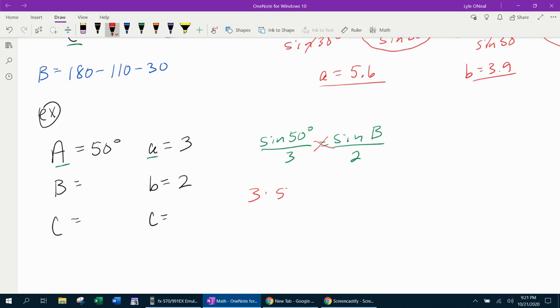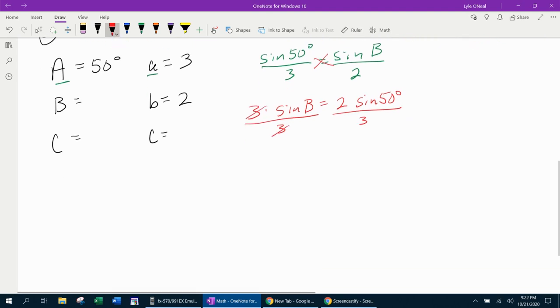Here we go. 3 sine of B equals 2 sine of 50. We're solving for B, so we're going to have to divide by 3. And that's going to give us sine B is whatever that fraction is.